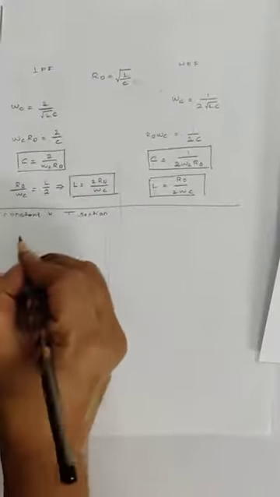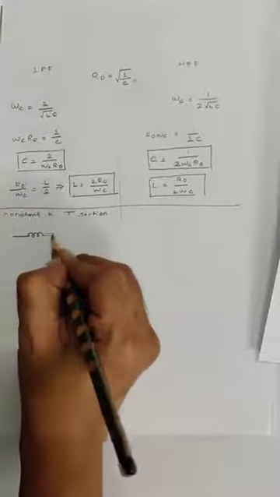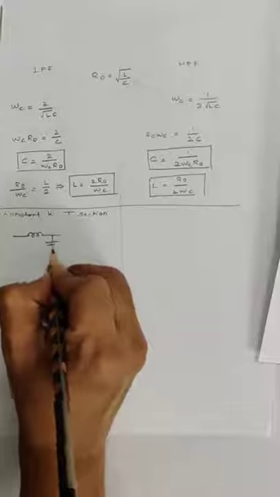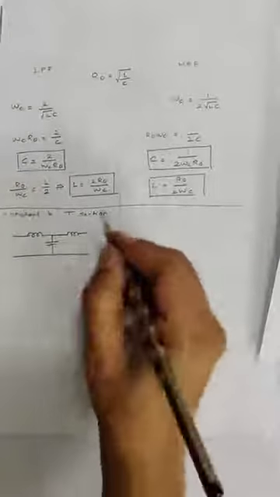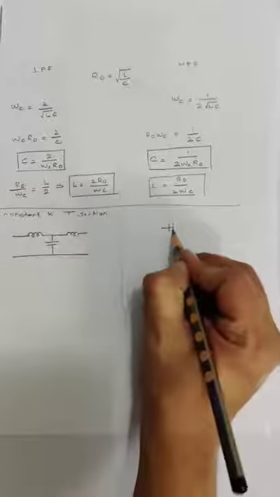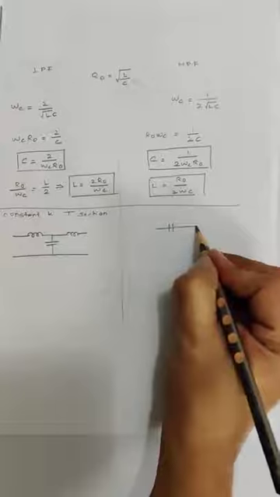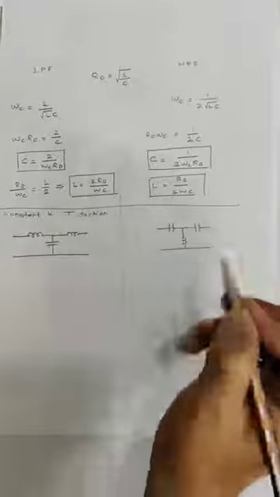For a low pass filter, inductor will be always in the series arm and the capacitor will go in the vertical arm. While for high pass filter, the constant K section is defined as or designed as capacitor in the horizontal arm and inductor in vertical arm.